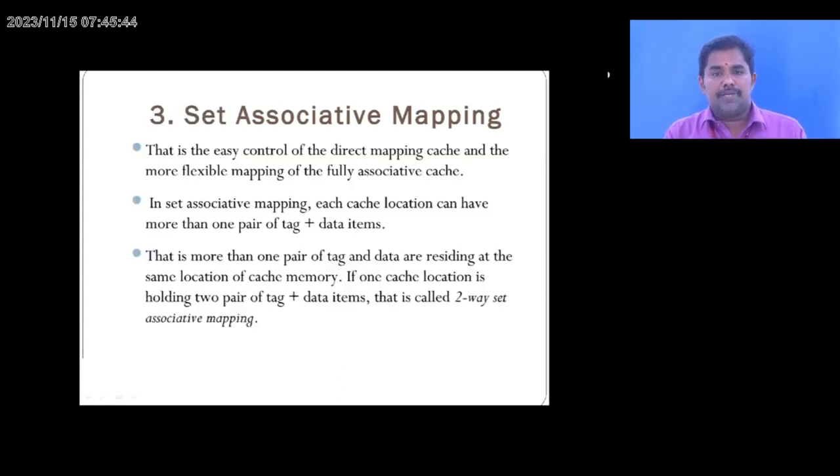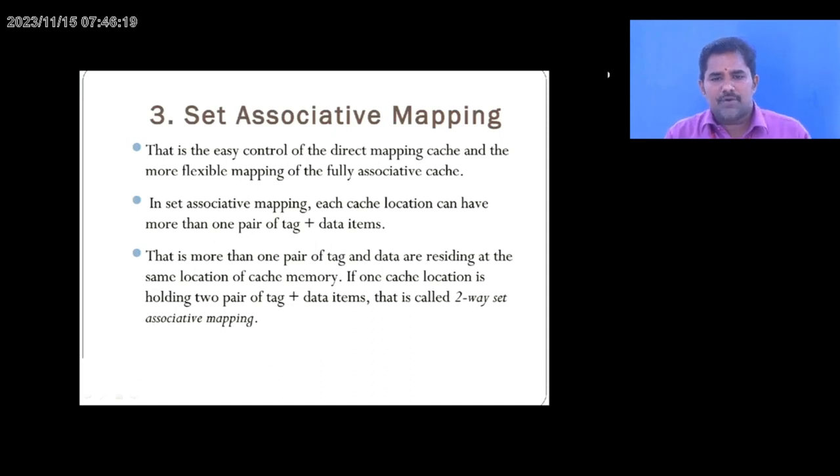Set associative mapping combines the easy control of the direct mapped cache and the more flexible mapping of the fully associative cache. In set associative mapping, each cache location can have more than one pair of tag plus data item. In direct mapping we are done with just the tag, but here we also include more items with the tag. More than one pair of tag and data reside at the same location of cache memory.